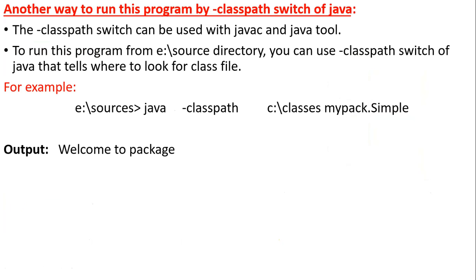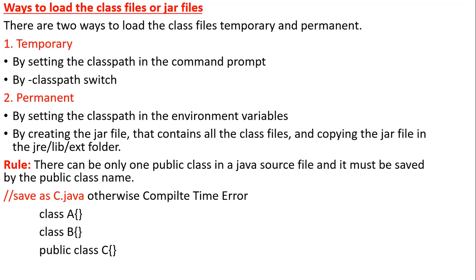Another way to run this is with the classpath switch: instead of -d, you can use a hyphen classpath switch. It is also nothing but forwarding the class file into the specific directory.